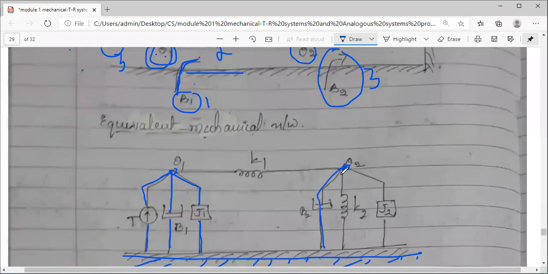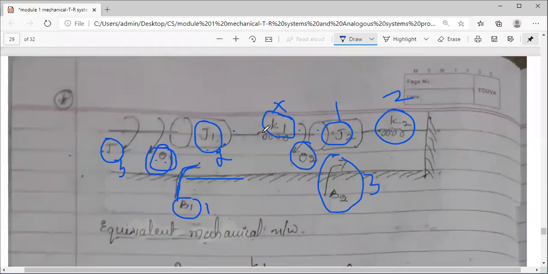Let me connect those three in parallel, all three. Now coming to a shared term. So what is the condition? We have already seen the steps, how to draw the mechanical equivalent network. In the steps, we have identified the nodes individually, how many elements are connected to each node, we have done. Okay. Now about the shared elements.